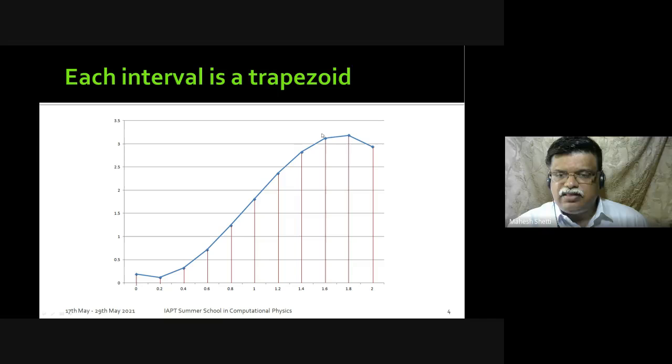So y7 plus y8, where y7 is nothing but the height at x7, and y8 is the height at x8. So x7, x8, these are the intervals I'm talking about. I multiply y7 plus y8 with this difference, which I'm going to call delta x, into half. That is going to be the area of the trapezoid. I will add all such areas, and then this is nothing but the area under the curve.